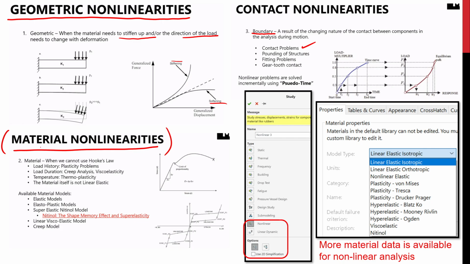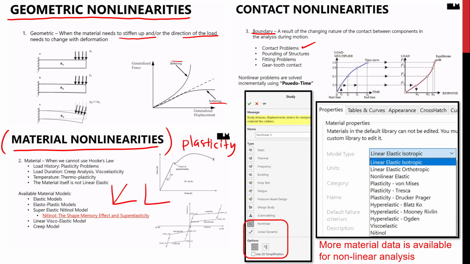The next one is material non-linearity. Material non-linearity happens when you have plasticity involved. If you apply plasticity in your material loading, it's no longer a straight line.